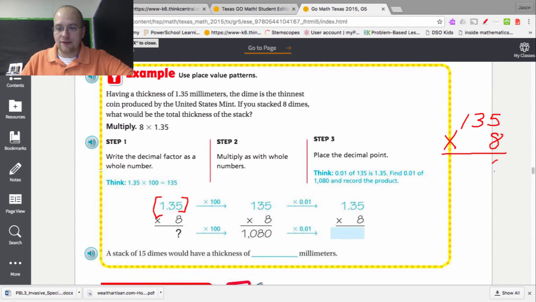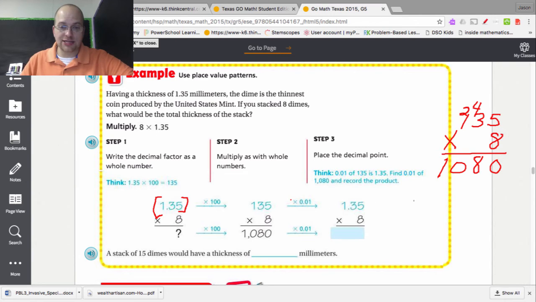8 times 5 is 40. Carry the 4. 8 times 3 is 24, plus 4 is 28. Carry that 2. 8 times 1 is 8, plus 2 is 10. So 1,080. But now we have to multiply by 1 hundredth to put our decimal back in place.